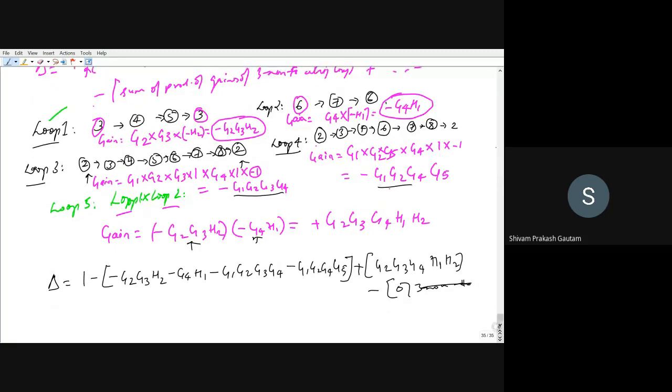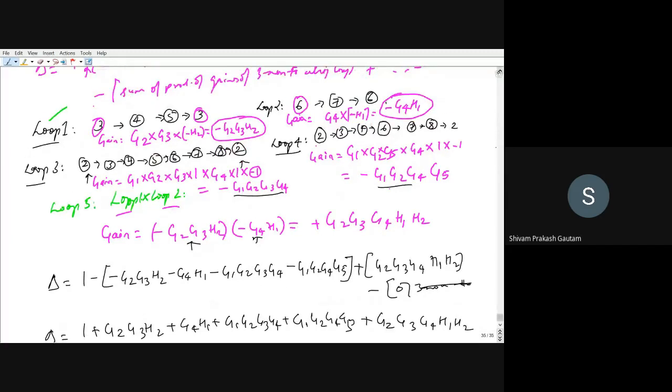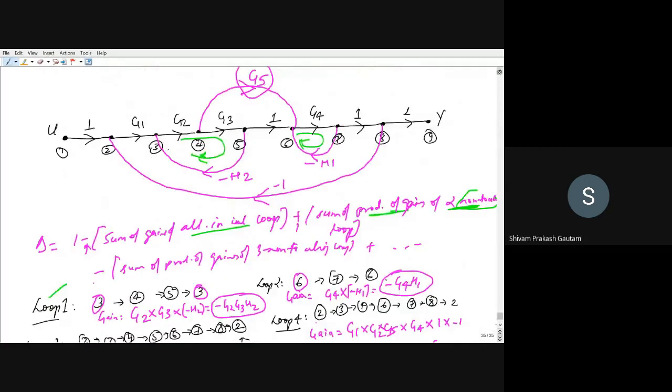So if you want to simplify, del is equal to 1 plus G2 G3 H2 plus G4 H1 plus G1 G2 G3 G4 plus G1 G2 G4 G5 plus G2 G3 G4 H1 H2. So we have calculated del, and we have calculated P1, P2, del 1, del 2.